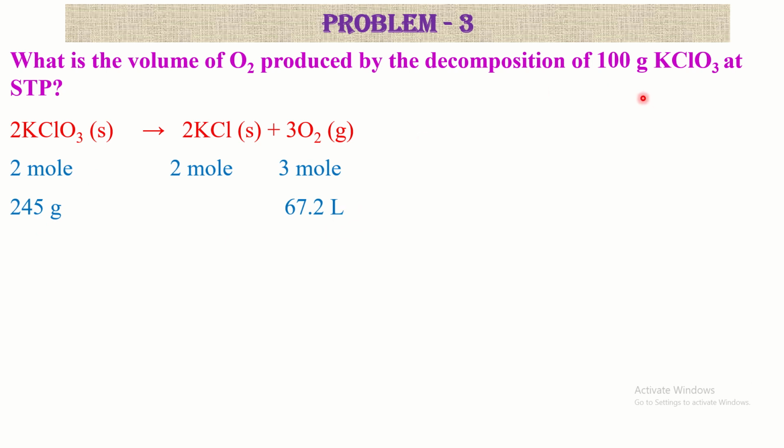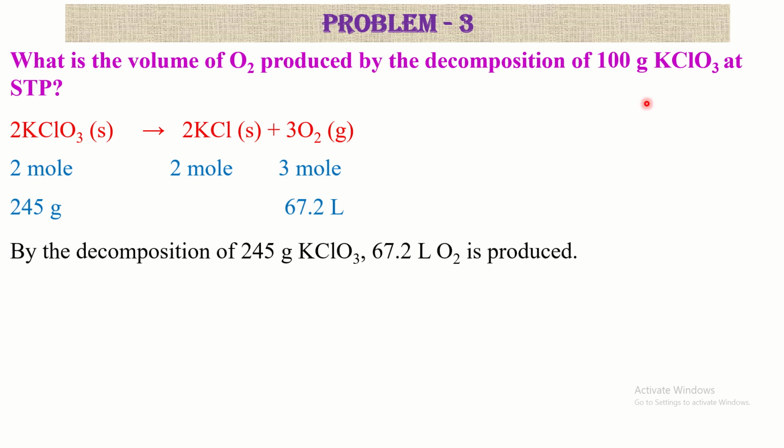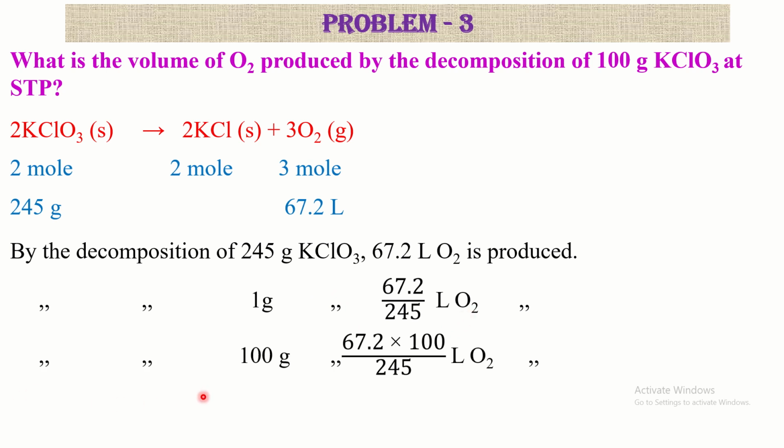So 100 gram potassium chlorate gives how much oxygen? You have to find this. By the decomposition of 245 gram potassium chlorate, 67.2 liter oxygen is produced. So by the decomposition of 1 gram potassium chlorate, 67.2 divided by 245 liter oxygen is produced. And by the decomposition of 100 gram potassium chlorate, we get 67.2 into 100 divided by 245.